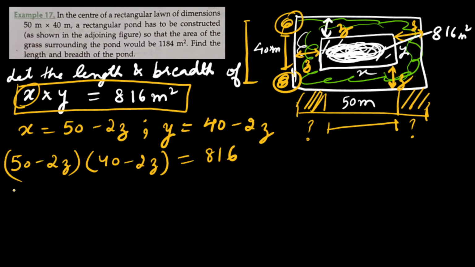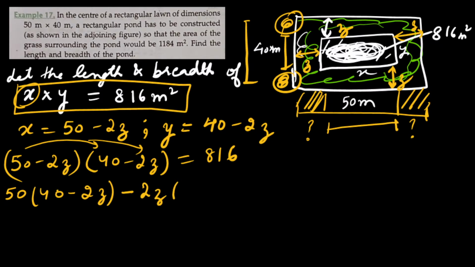Now we can simplify. Bracket multiplication we can do: first term of the first bracket multiplied with the full second bracket, then the second term of the first bracket multiplied with the full second bracket. So I'm just writing this.